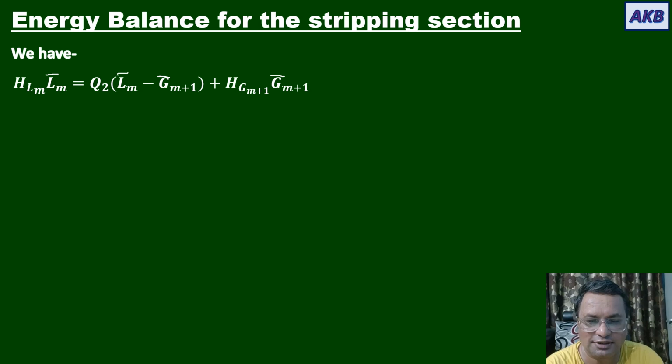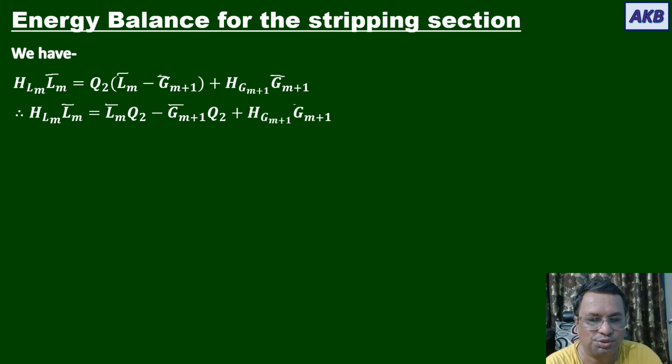Okay, in the next step we will be multiplying Q2 with this bracket, so accordingly we will get HLM into L bar M, that is equal to L bar M into Q2 minus G bar M plus 1 into Q2 plus HGM plus 1 into G bar M plus 1.